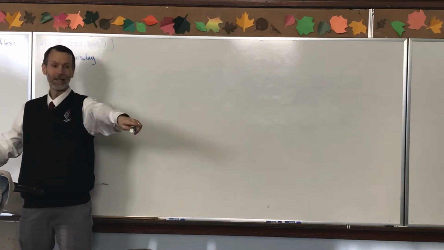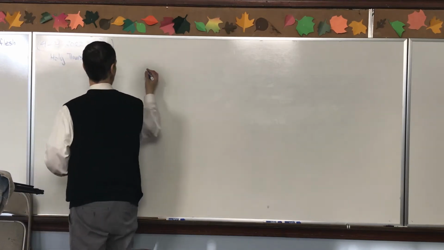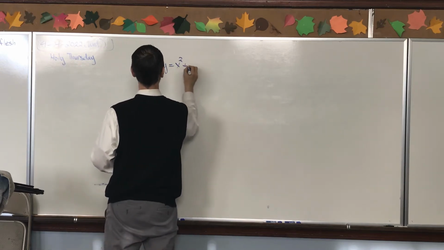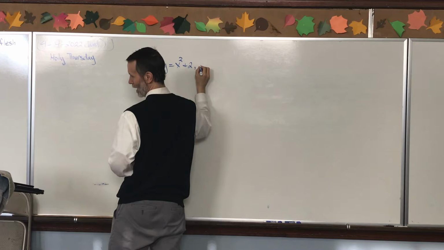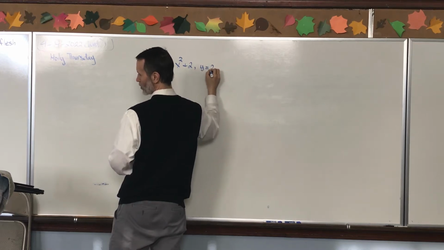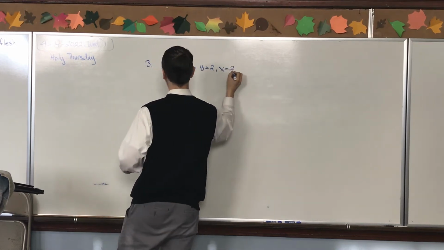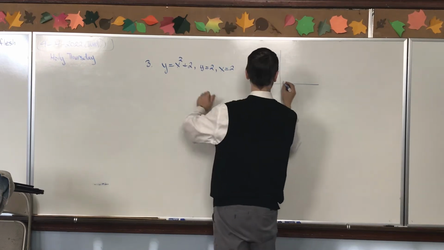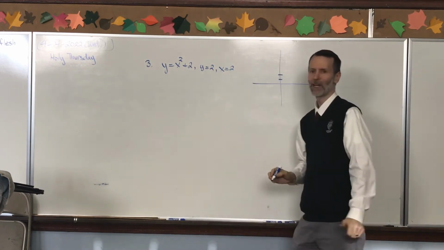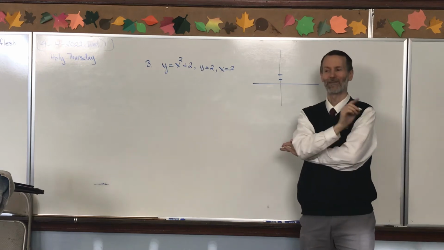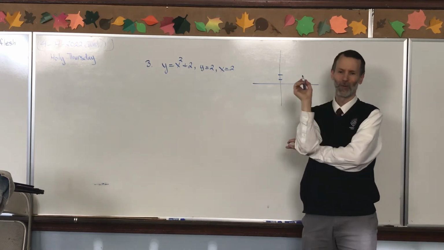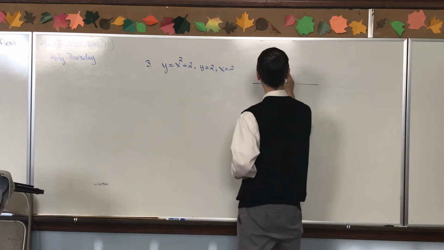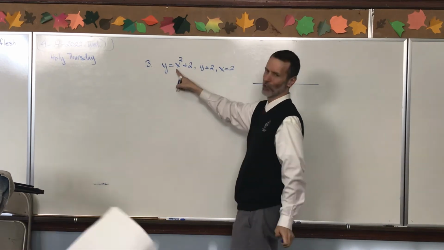Number 3, definitely. Y equals x squared plus 2, and the lines bounding it are y equals 2 and x equals 2. Here's what it looks like. X squared plus 2 starts 2 spaces up. You start here, and it's a normal problem.